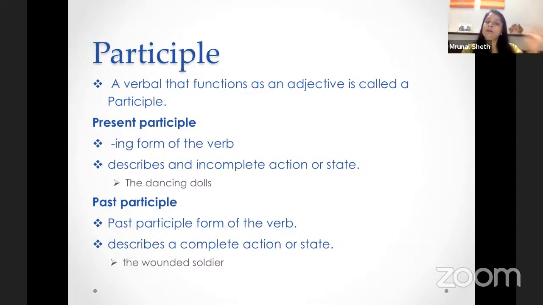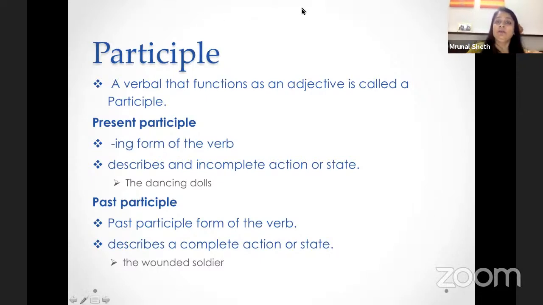Today we are not learning about finite verbs. We are learning about gerund, participle, and infinitives, which are non-finite verbs, which are verbals, which will not change tense, or the time, no matter what. Whether the tense changes or the number changes, the verb will remain as is.